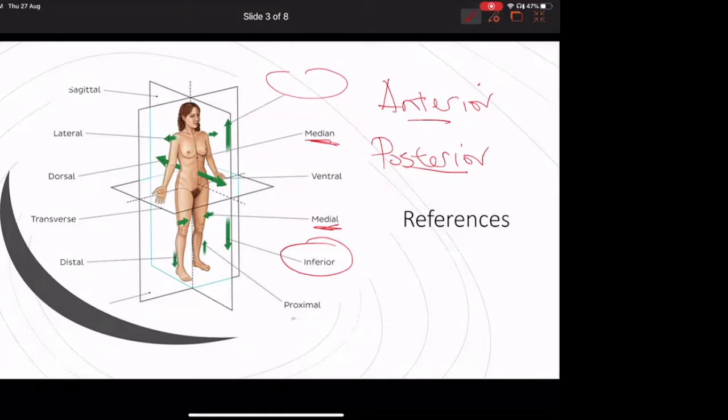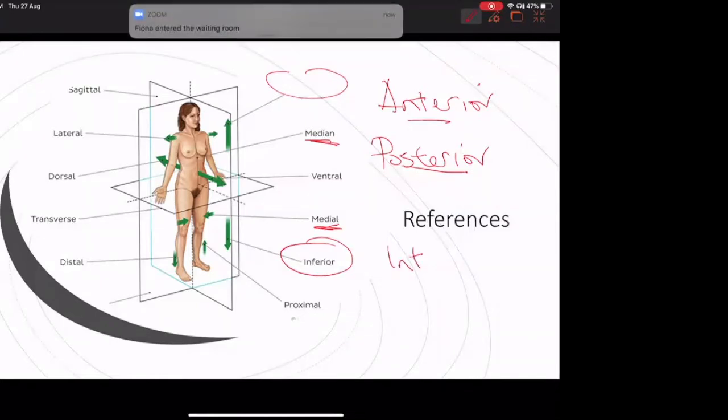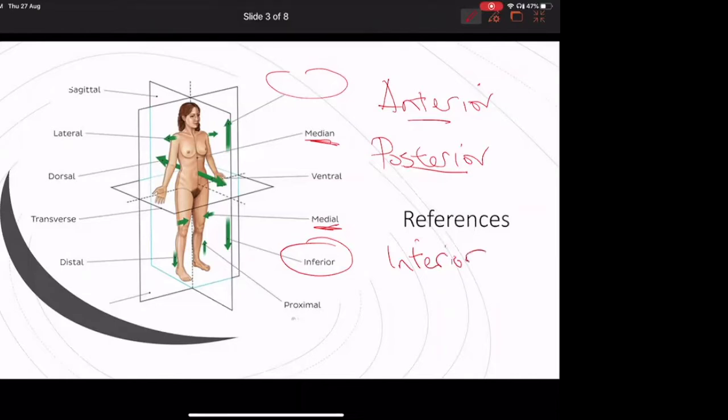For example, the arms are on the superior aspect of the whole body, while the legs are in the inferior aspect of the entire body. Inferior means lower down, superior means higher up. These are the common terms that you will likely encounter in some of the histology reports that you will get.